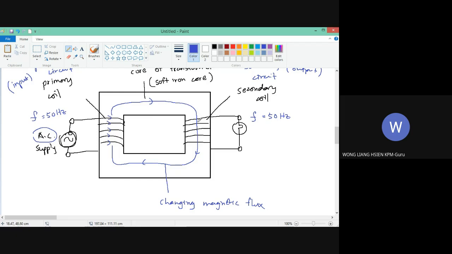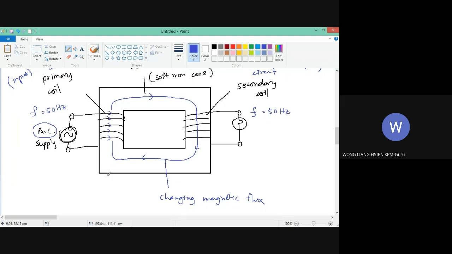If the secondary coil has more coils than the primary coil, then the voltage can be increased. The increase in voltage has the same ratio as the ratio of the number of coils.